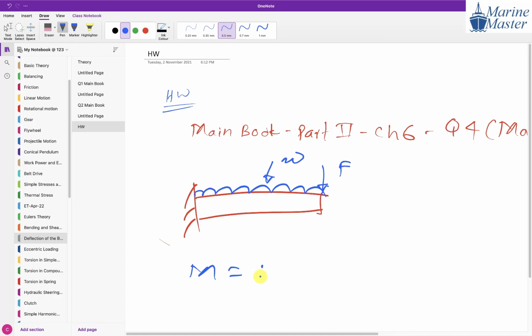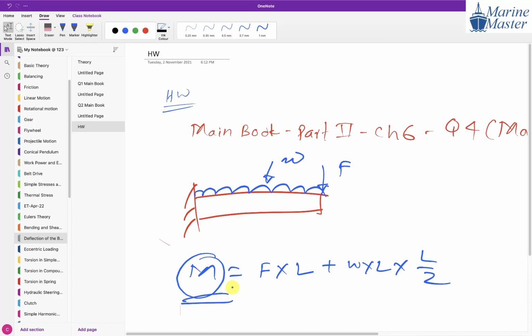What I am considering directly is F into L plus W into L into L by 2, because here I want both effects in the same direction. And we want only the value of M. So if both effects are in the same direction, no need to worry about the sign. So while I am sending you the solution, or if you see my previous solution of any question related to cantilever beam, don't worry about sign convention there.